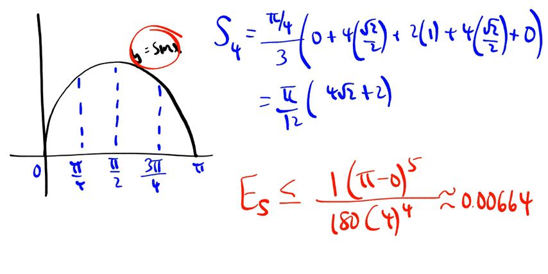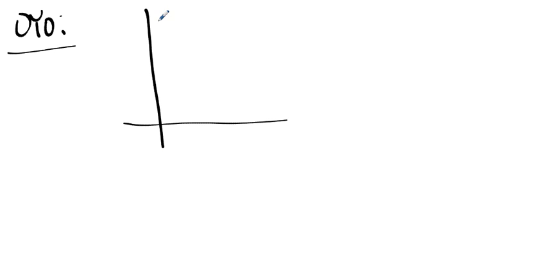All right, so I'm just about out of time, so I've got to give you a quick OYO, and here's the quick OYO that I'm going to give. This is y equals 1 over x.